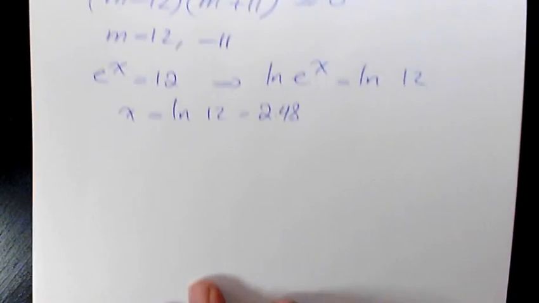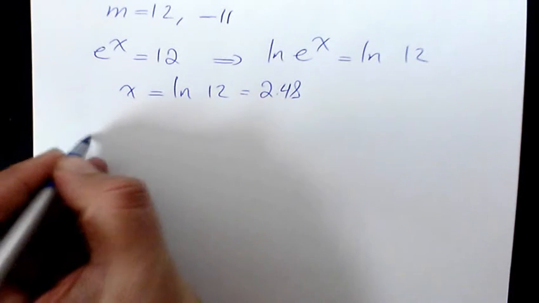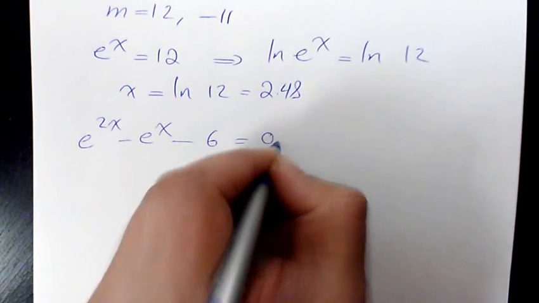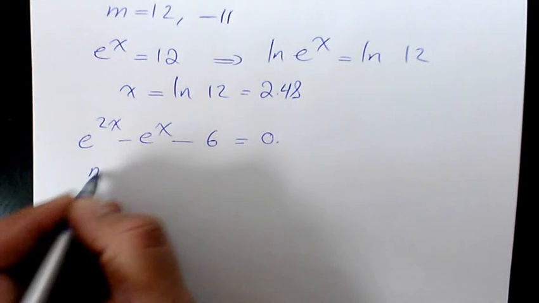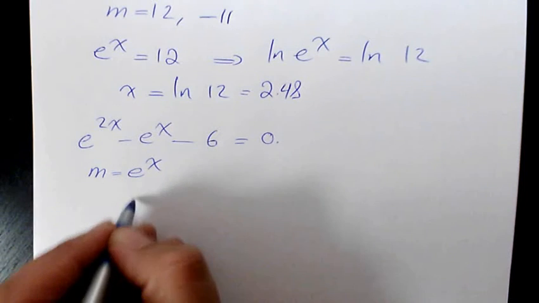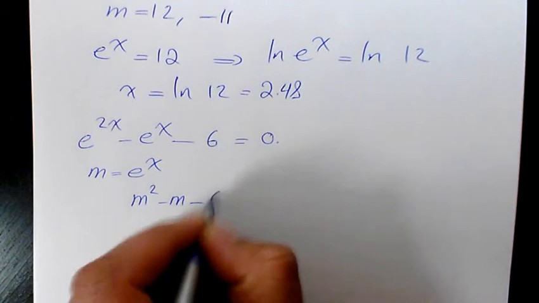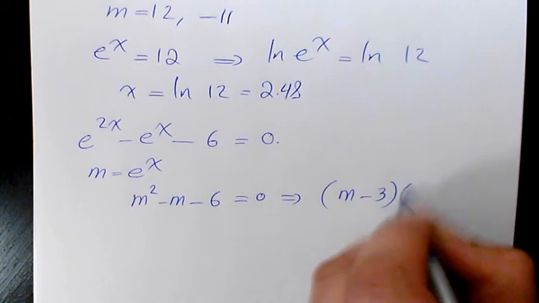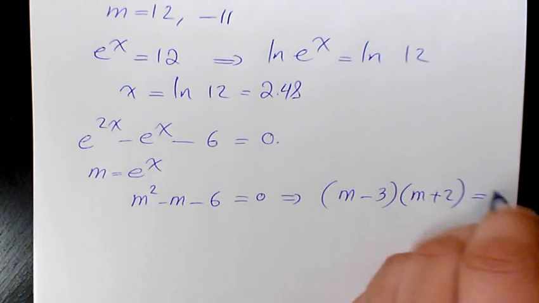Next one, e to the power of 2x minus e to the power of x minus 6 equals 0. So if I consider m equals e to the power of x, we have m squared minus m minus 6 equals 0. So we have m minus 3 times m plus 2 equals 0.